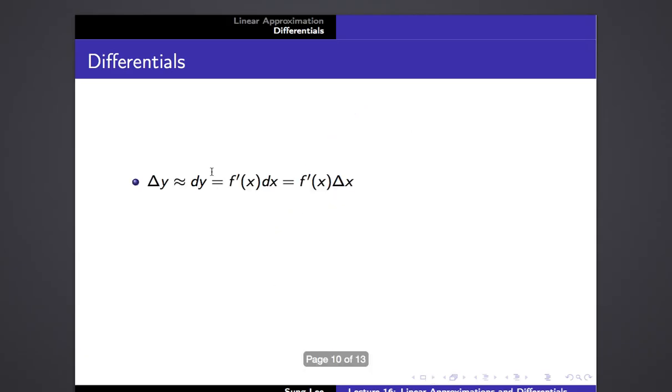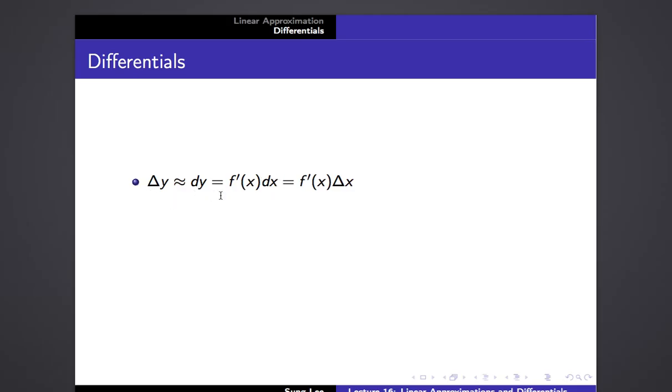Hence we have the following: delta y can be approximated by dy, assuming, of course, that delta x is close to zero. I didn't write it down, but that's the assumption. So delta y can be approximated by dy if delta x is small enough so that it is the same as dx, the infinitesimal.